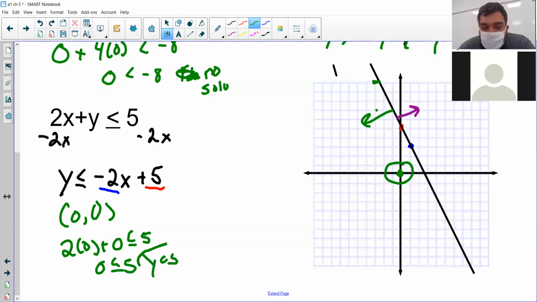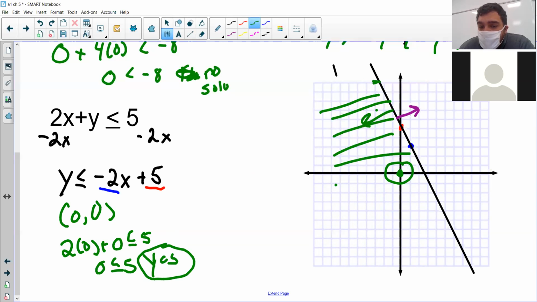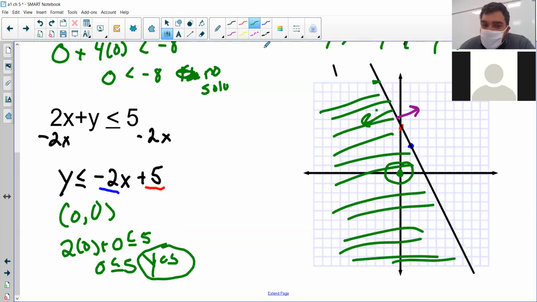Because when I plugged in 0, 0, I got a yes, as in yes, it is a solution, I need to shade towards the 0, 0 side. So that means all the part on the left side should be shaded because 0, 0 exists in there.